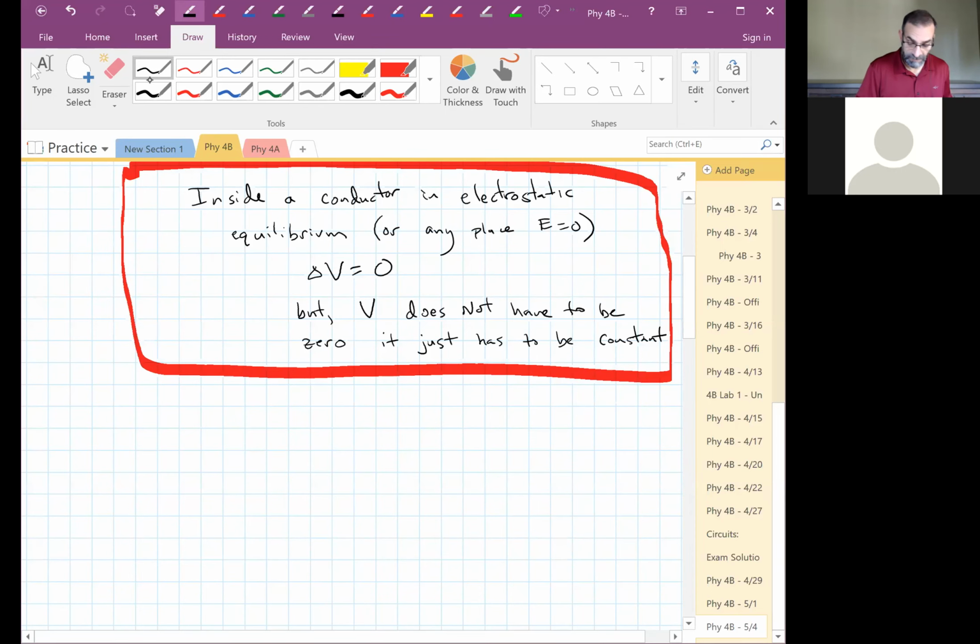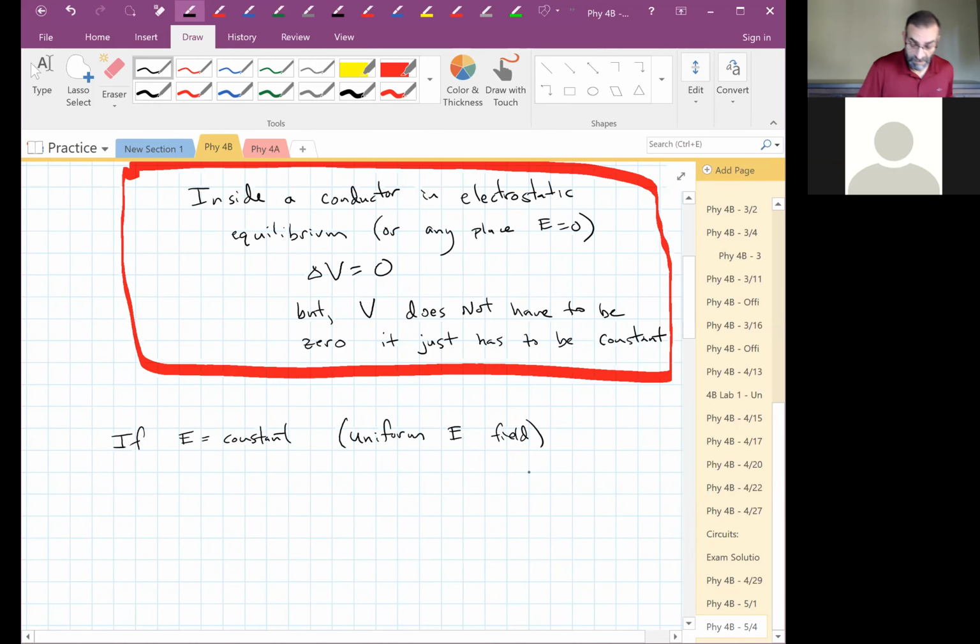If our electric field is uniform, then that integral becomes really easy, right?